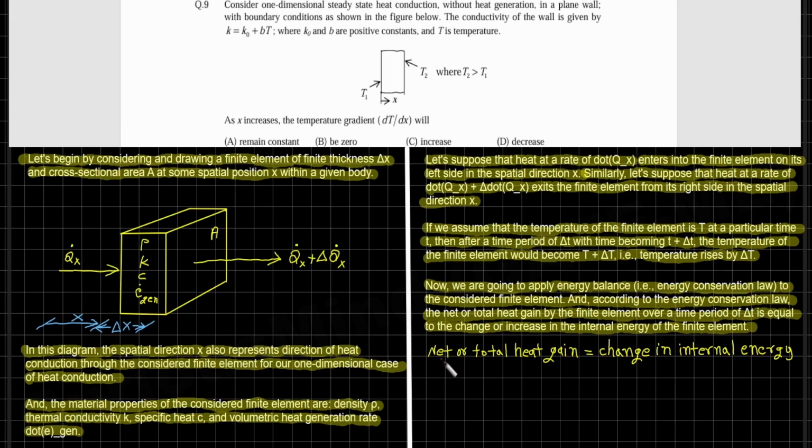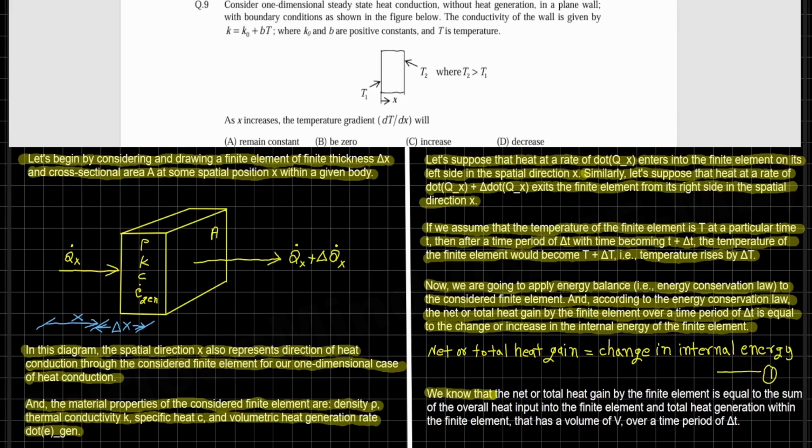Right. So the net or total heat gain by the finite element is equal to the change in the internal energy of the finite element. Right.